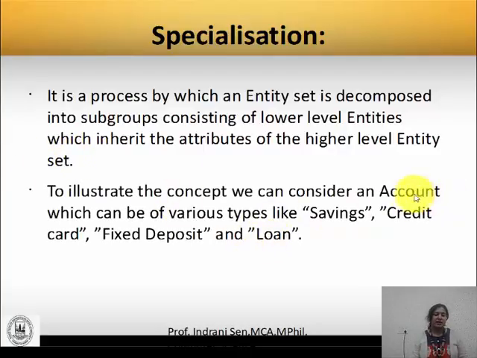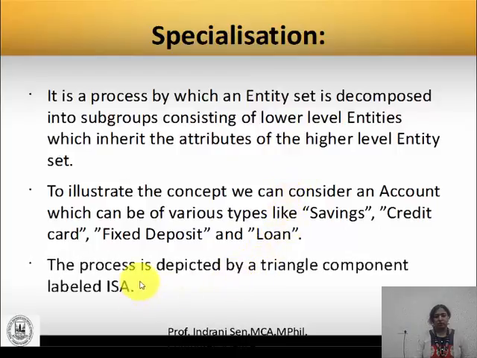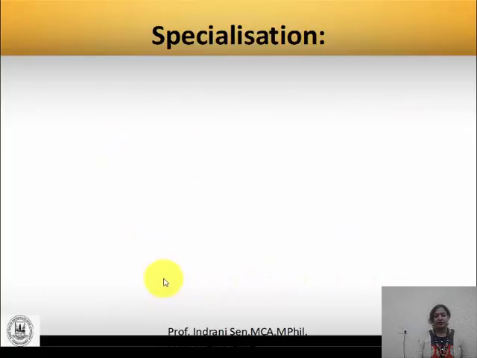To illustrate the concept, consider an account which can be of various types. An account can be savings, credit card, fixed deposit, and loan. Specialization is represented by a triangle, which you can name as ISA. The process is depicted by a triangle component labeled ISA.